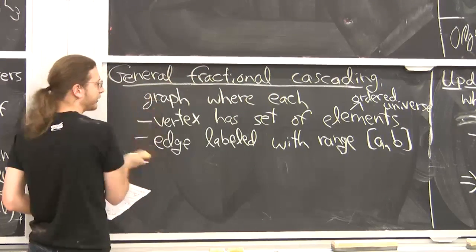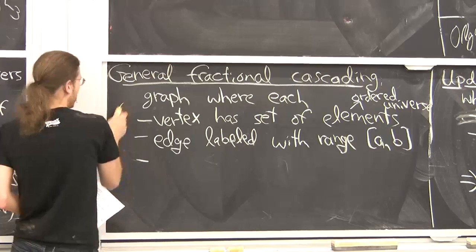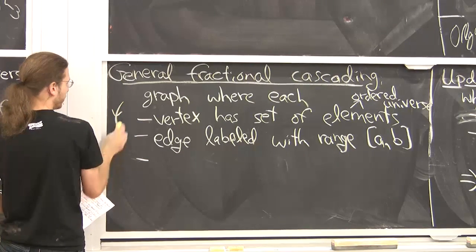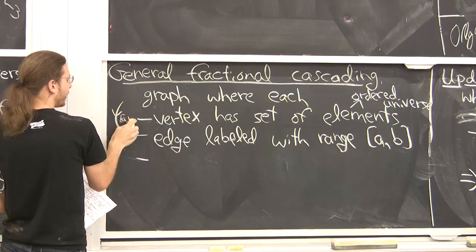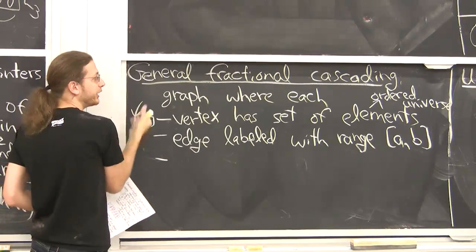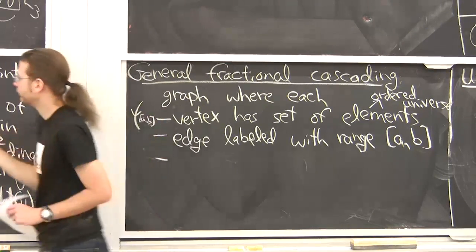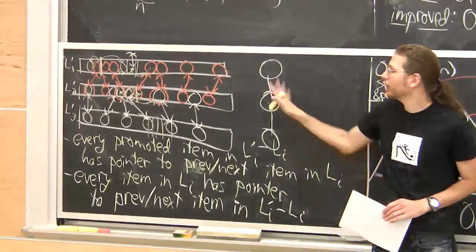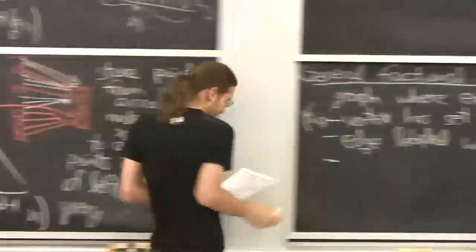You can think of it as a directed graph. It's probably cleaner. So when I follow this edge, there's a range here. And basically, I'm only allowed to follow that edge if the range contains the thing I'm searching for. So here I was searching for some item X in all the lists. There's no ranges here, but in general, you get to specify a range.